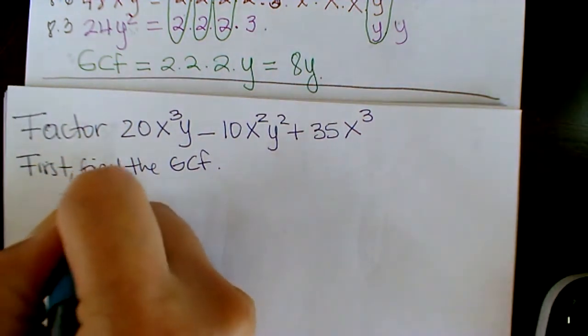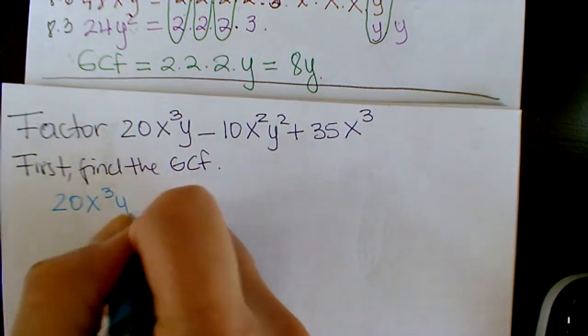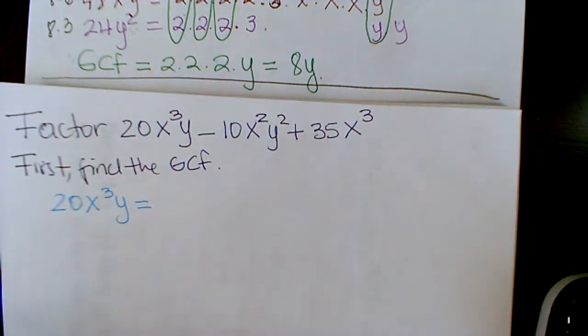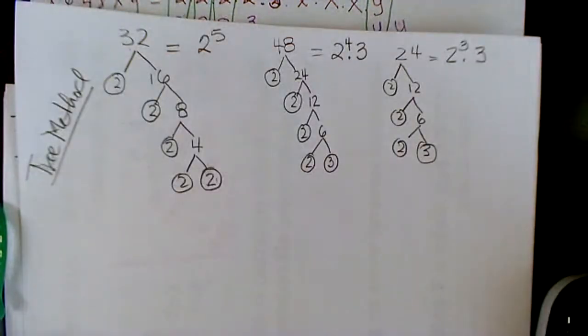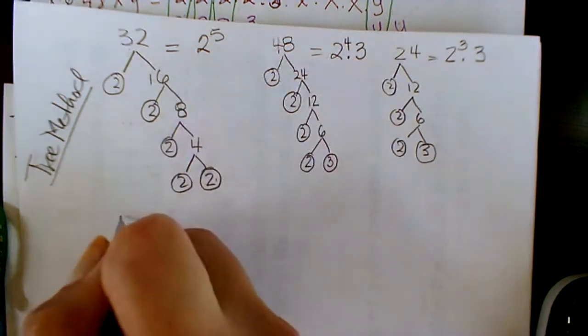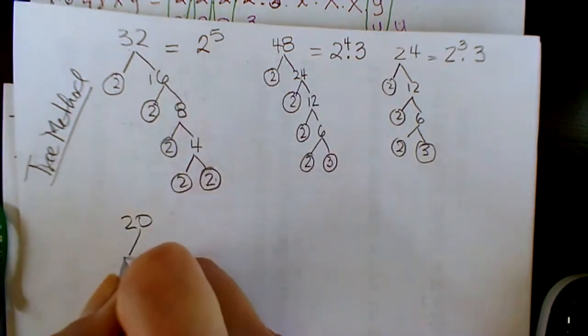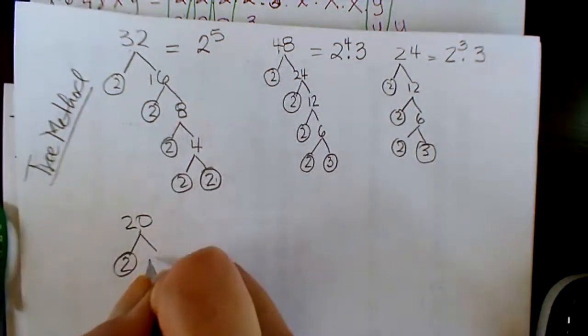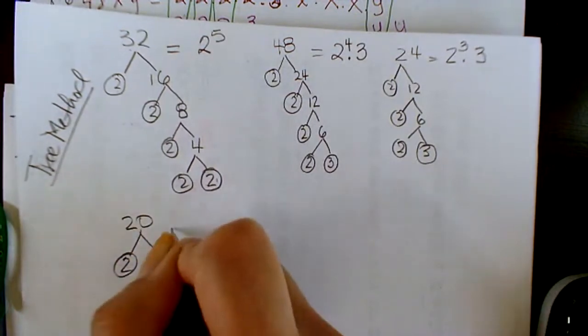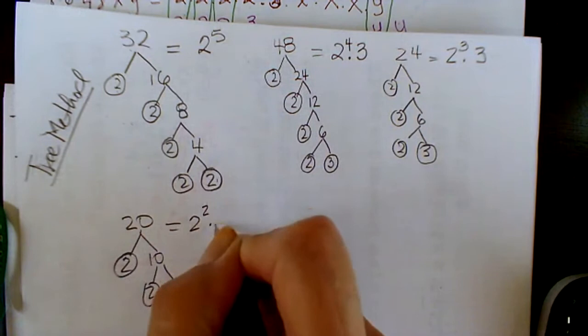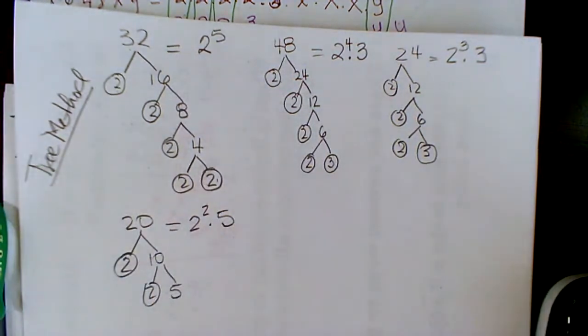So we're going to start with 20. So we know that if we do the 3 here with 20, we have divided by 2 is 10, divided by 2 is 5. So 20 is 2 to the second times 5. Isn't it?